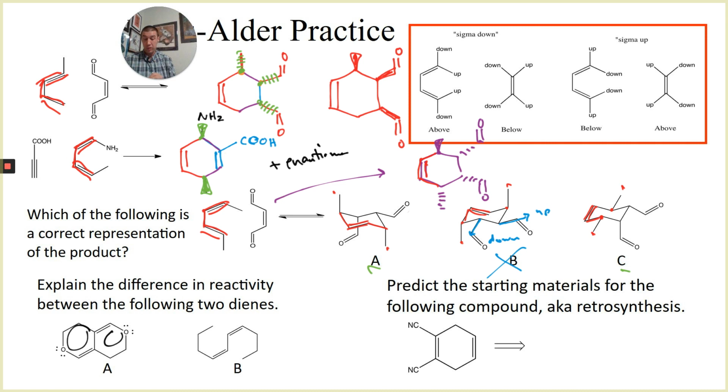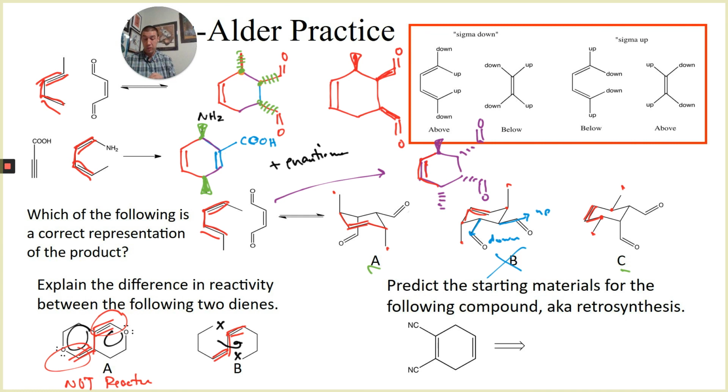Right? If we take a look at A down below, that is not S-cis. That is the double bonds on opposite sides of that sigma bond. That's the S in that statement. So those are not aligned to react, so not reactive. And if we look at B, you'd be like, well, but they're the same in B. But remember, this was not cyclic, which means I can freely rotate about that bond, which means B will be allowed to react.